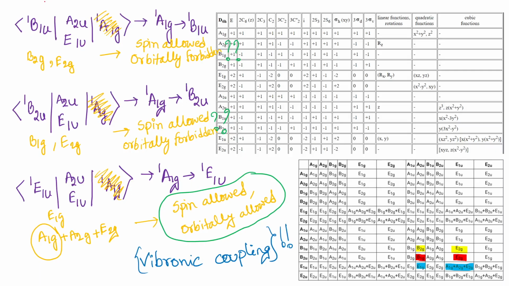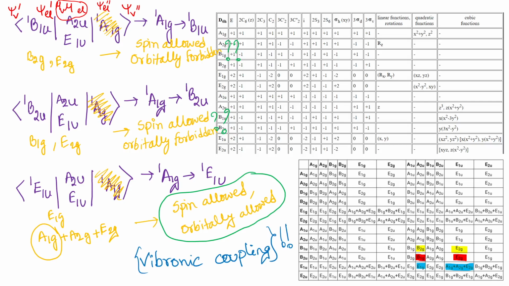So this is your psi electronic, this is your mu electronic, and this is your psi electronic double dash. What else is going to be there? Your psi v dash, psi v double dash, and your overall mu, which is now inseparable for vibronic coupling.